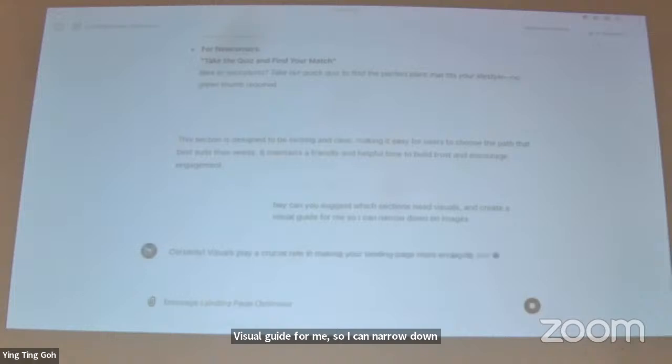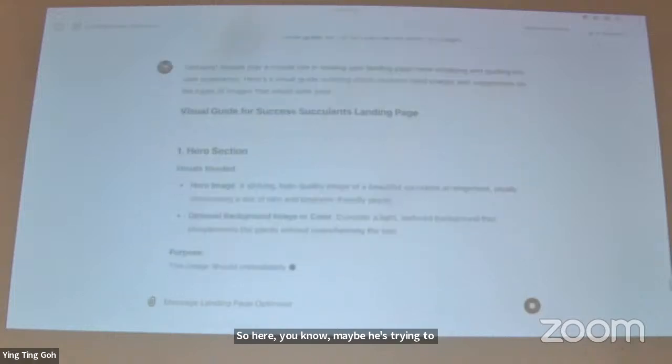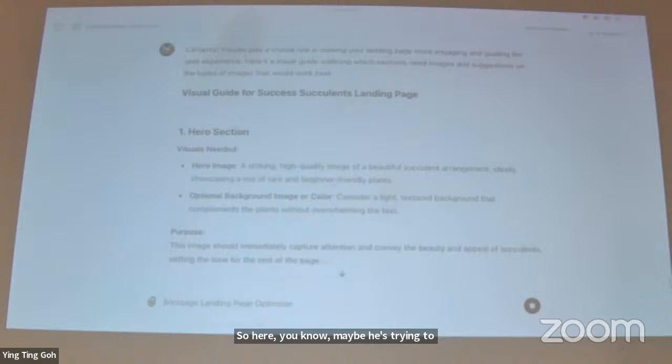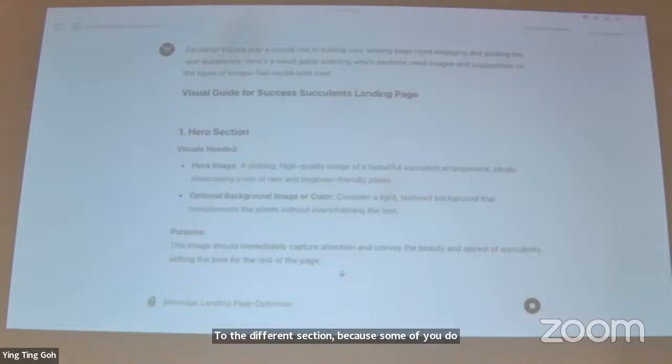So here, it's trying to link the images to the different sections, because some of you do worry about design, right? And then you can actually ask it to guide you. ChatGPT won't be able to create the design, but it's certainly giving you a guide when there is that confidence gap sometimes. So you can use that as your co-pilot to sound out some of the things.